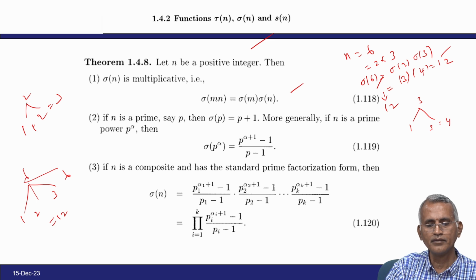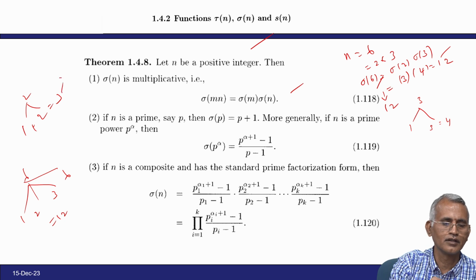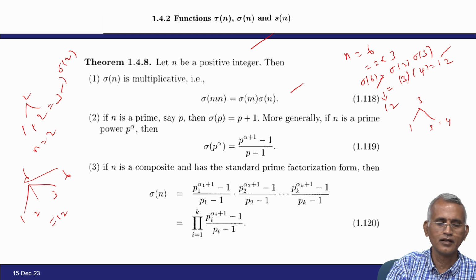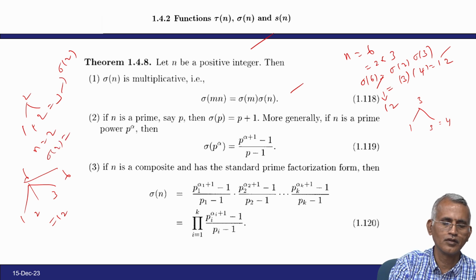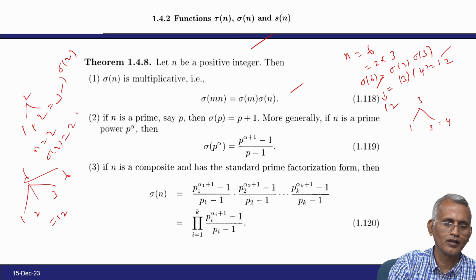If n is a prime, say p, then sigma of p equal to p plus 1. For example, if you take n equal to 2, then sigma of 2 equal to 2 plus 1 equal to 3.